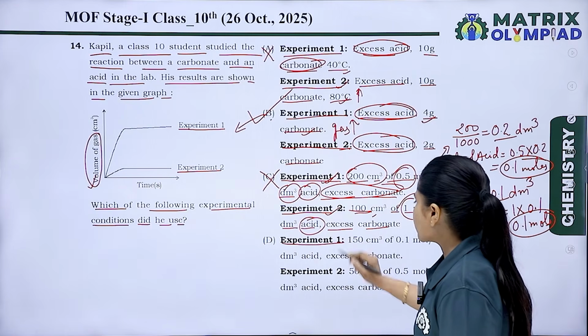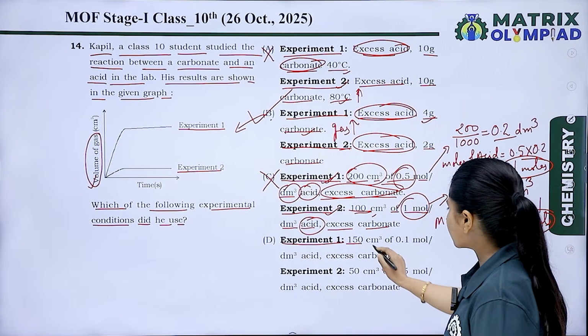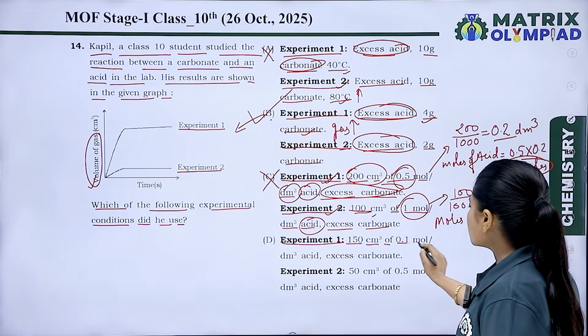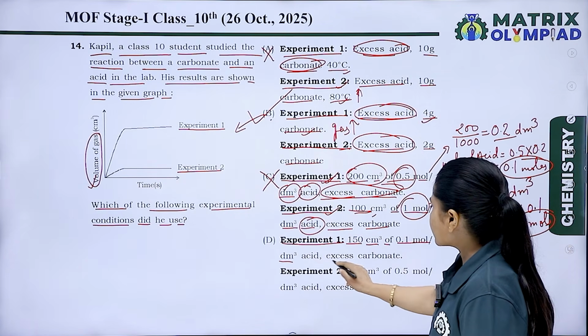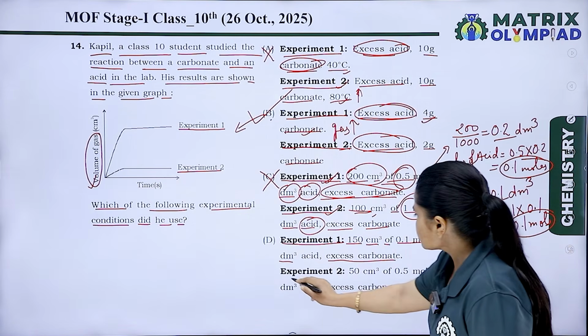Now experiment 1, 150 centimeter cube of 0.1 mole per decimeter cube acid and excess carbonate.